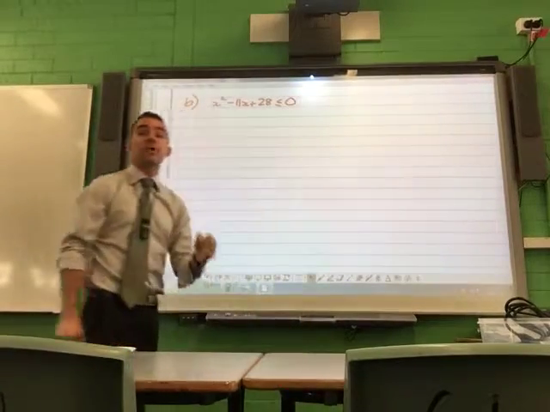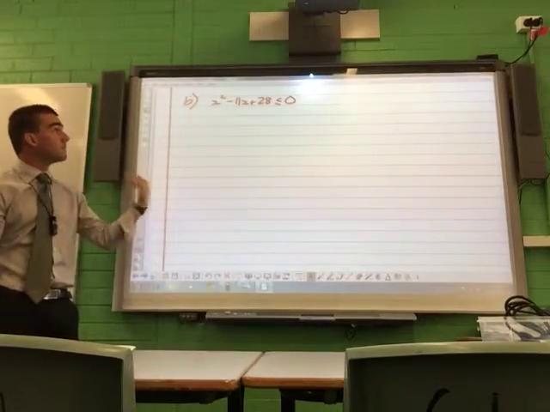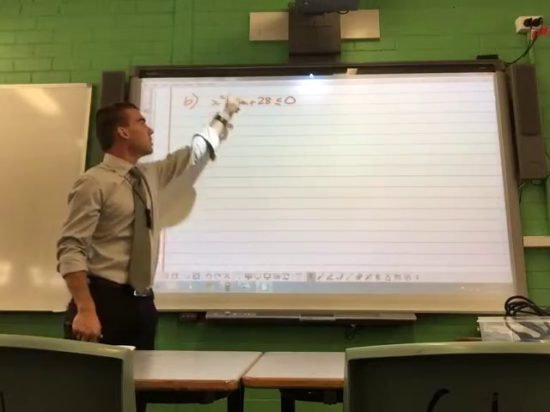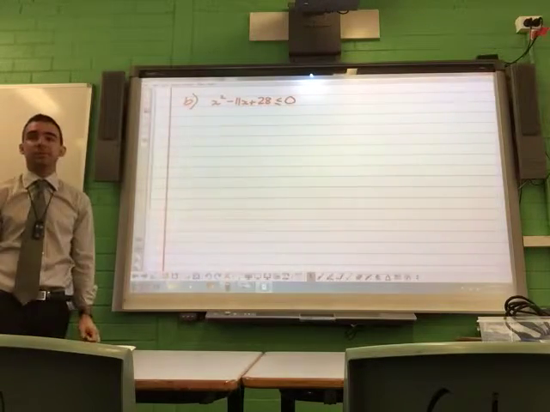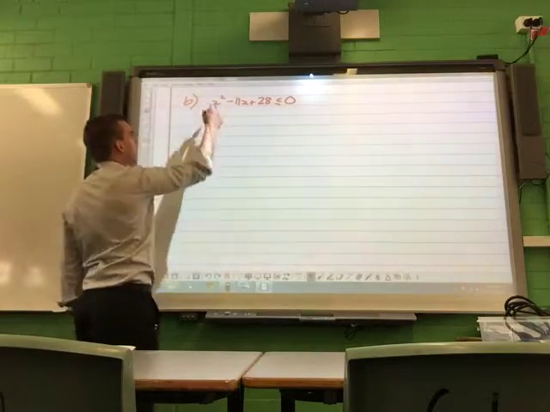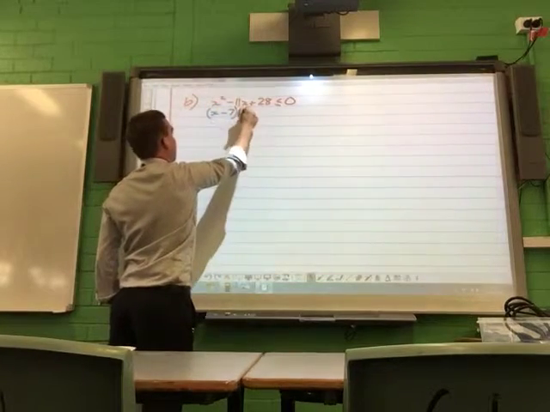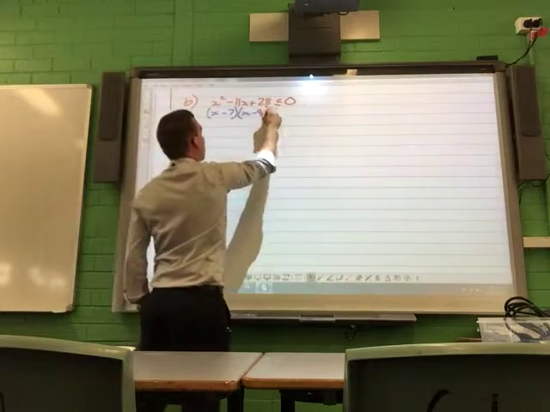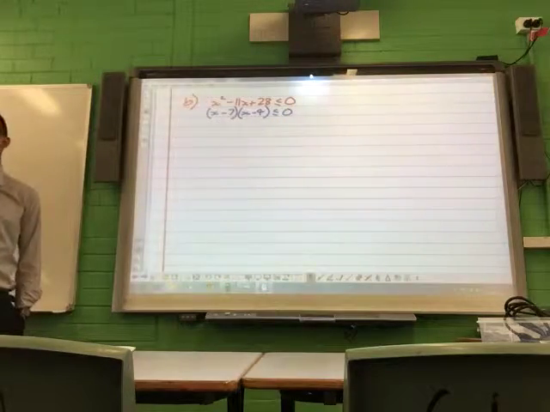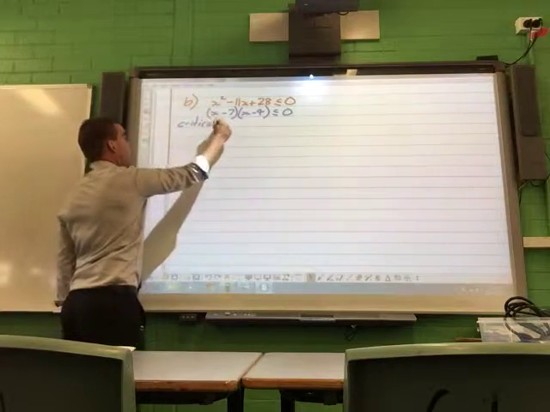So what you need to do first, when you have an inequality, is find those critical points by factorising. Two numbers multiply to give positive 28, and the same two numbers add to give negative 11. 7 and 4, both negatives though, because you've got negative 11 here. So x take away 7, x take away 4, which is less than or equal to 0.